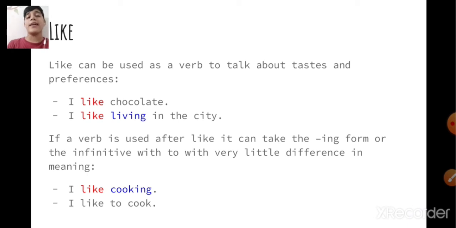Or I like to cook. It's okay in both ways. But the most used one is the first one. I like cooking. The one in which we use the verb like, then the following verb, and we add the ing without the infinitive form, that is to cook. Okay? Without adding that to.